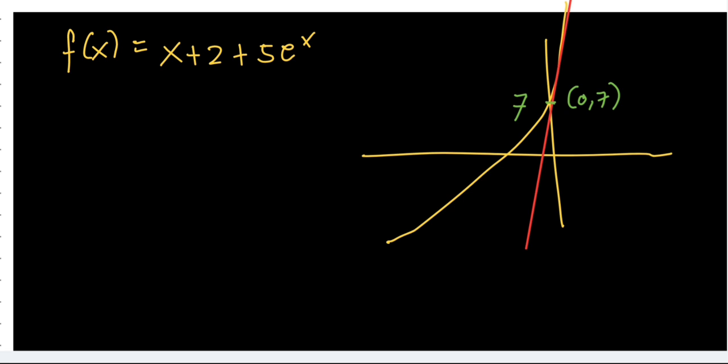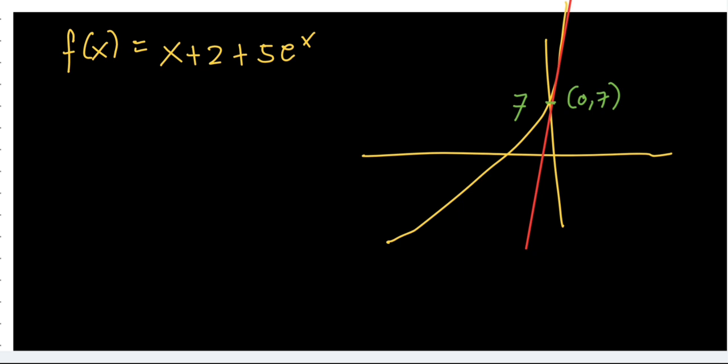Okay. Determine the equation of the tangent line. So that means we find the first derivative at x equal to 0. And then we use this value and the point to find the equation of the tangent line. Can you see me writing?